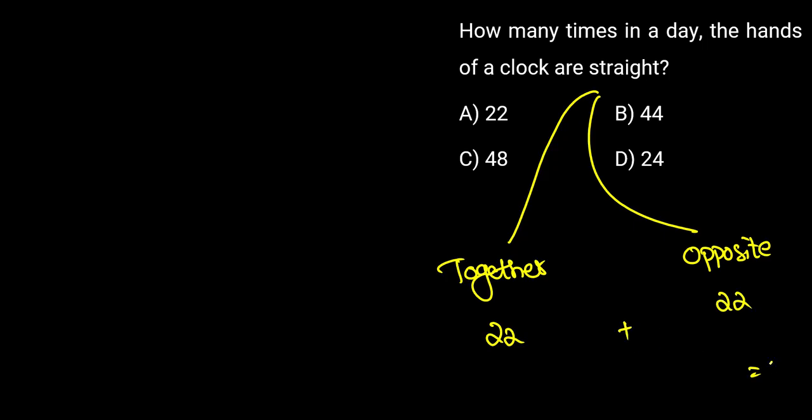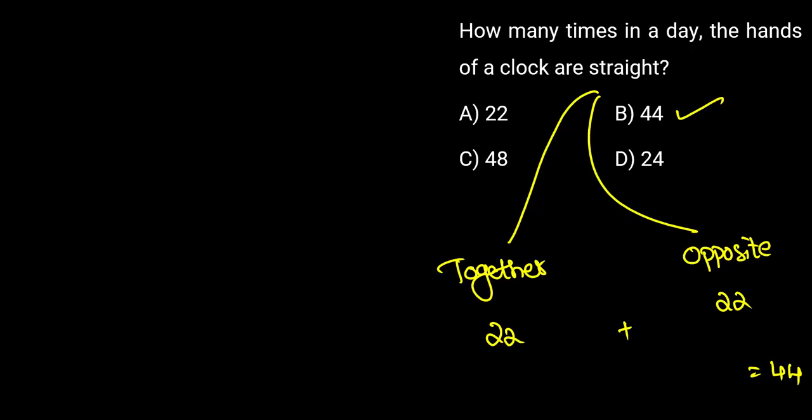Total 44. 44 times in a day the hands of a clock are straight. Right angle also 44 only. But you should know the concept. Why those minus ones? How many minus ones? Clear with this?